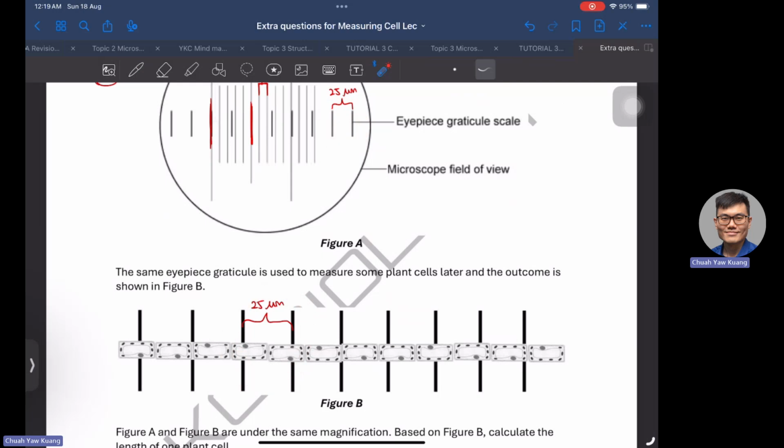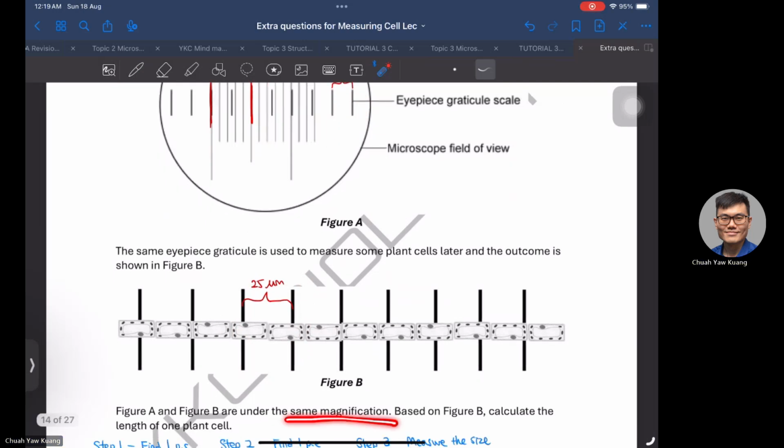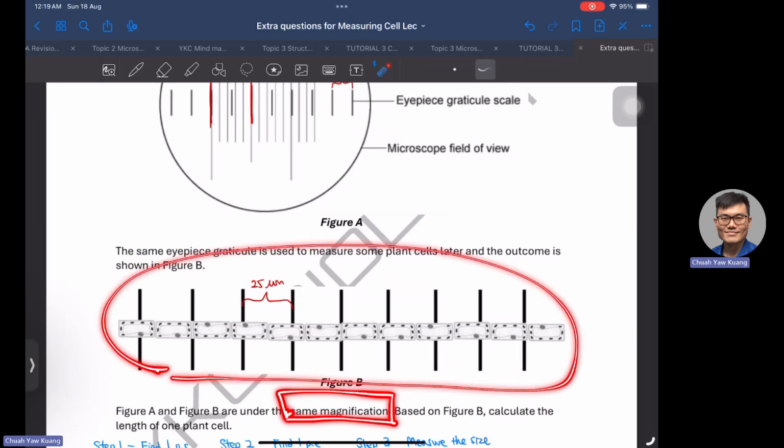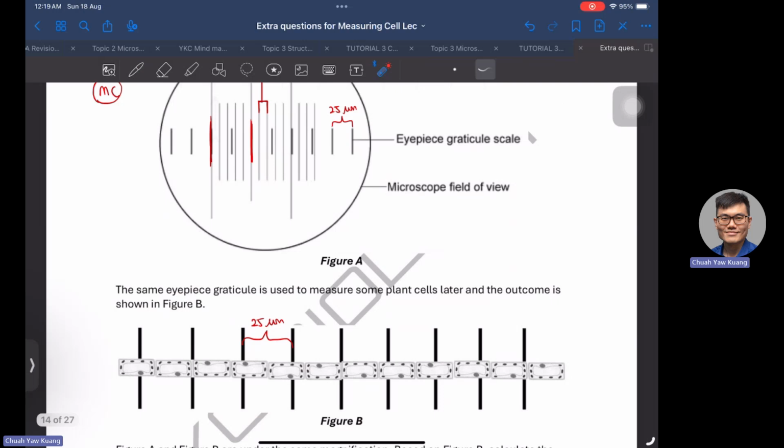But the question has stated that both are at the same magnification. Figure B is basically enlarged for better visualization only. So one pitch on the eyepiece reticule will be the same in figure A and figure B. Once we know that, we can use this eyepiece reticule pitch to measure the cell.